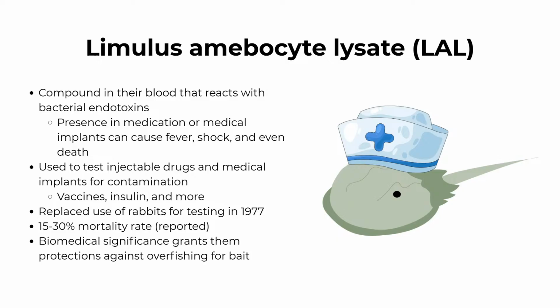If you use insulin or any other injectable medication, or medical implants as well, things like pacemakers, we know that is safe because of horseshoe crab blood. And because they are so important in the biomedical industry, there are protections against overfishing. There are policies around how many horseshoe crabs can be harvested for bait and how many can be harvested for medical uses. And there is quite a bit of money that medical companies put back into their conservation.